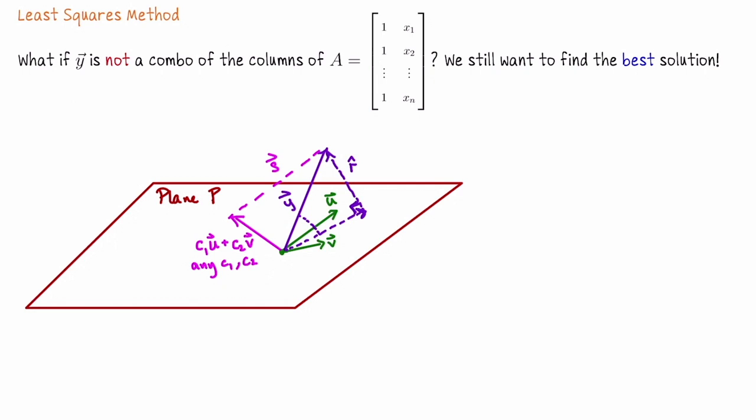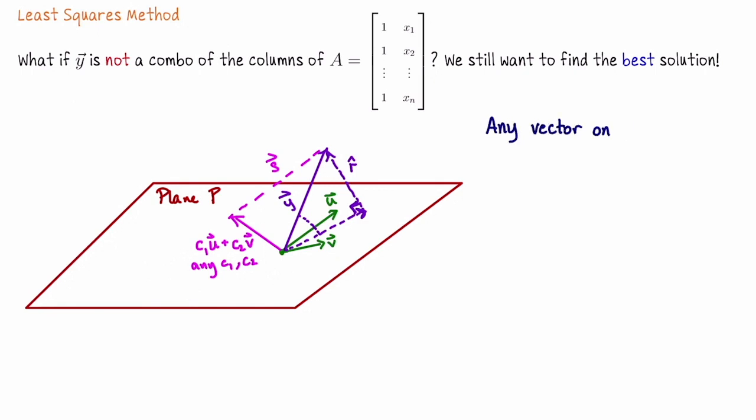So for any pair of coordinates c1 and c2, it gives us a new vector on this plane. And then how close that vector is to y turns into the length of the vector that we could sketch that connects the head of the vector on the plane to the head of y. So let's set this up precisely with coordinates.